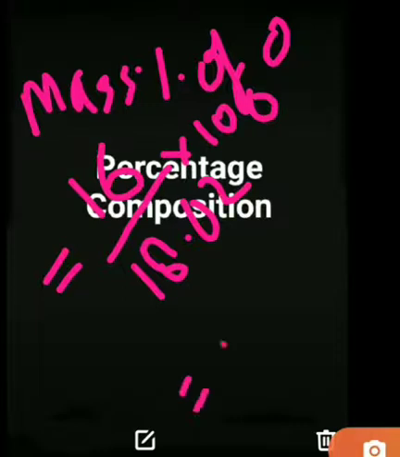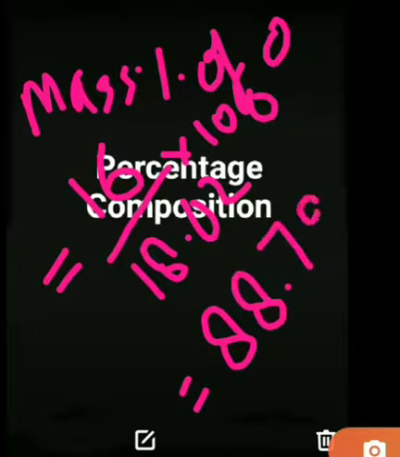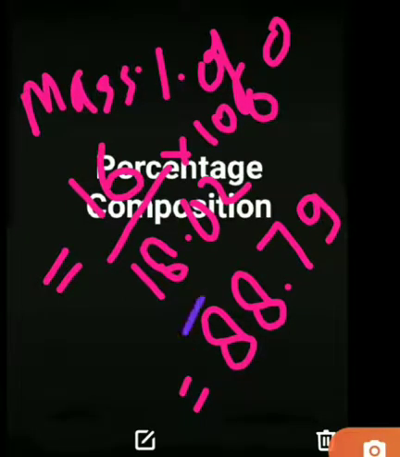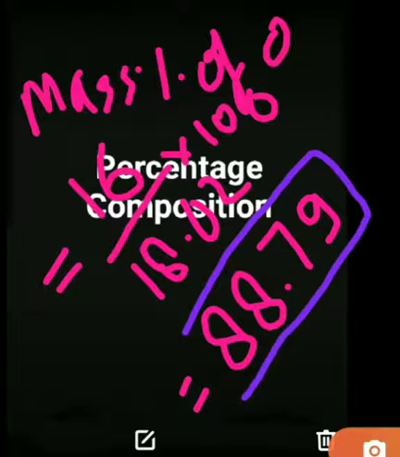After this the answer will be 88.79. So you can see, students, the mass percent of oxygen in water is 88.79%. Okay, so in this way you have to calculate the percentage of an element in a compound, whatever the compound is.